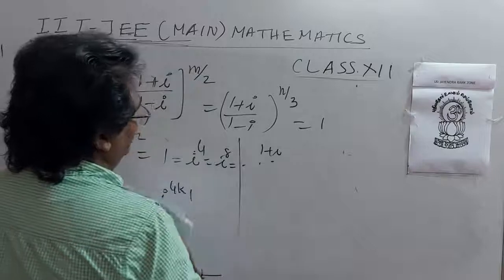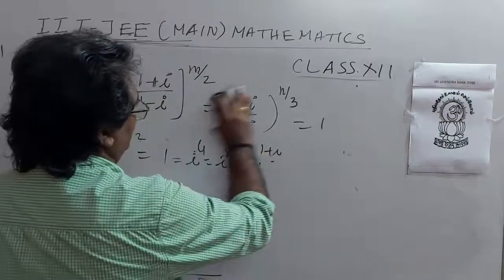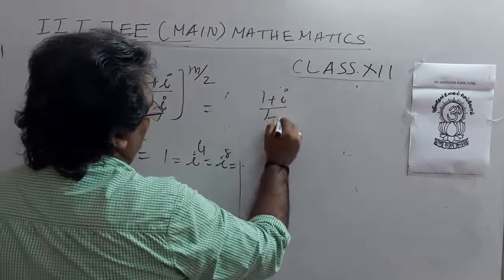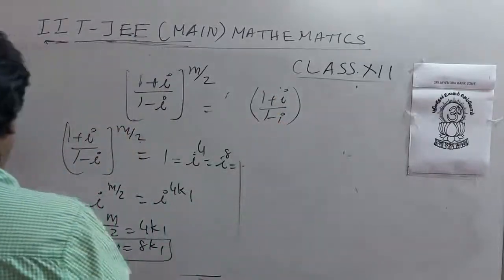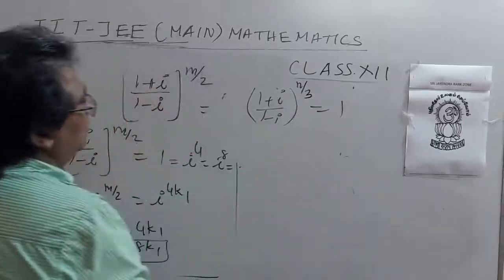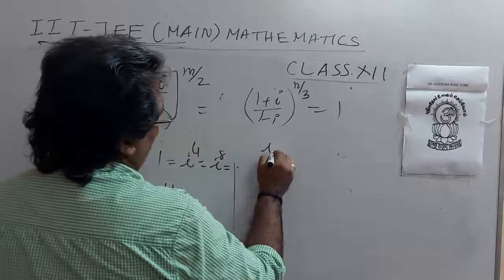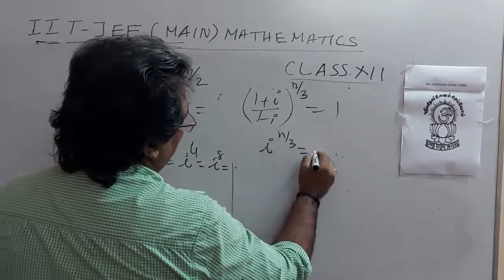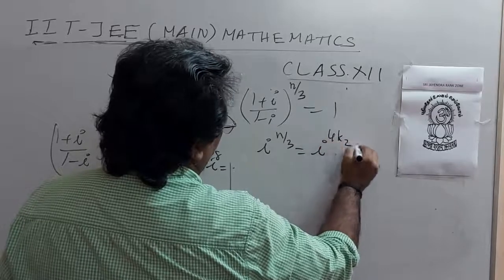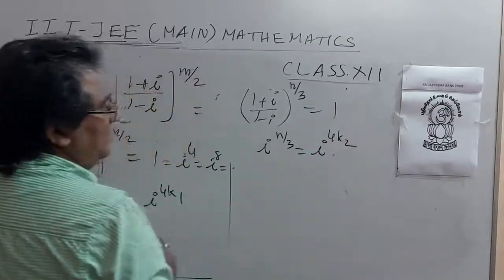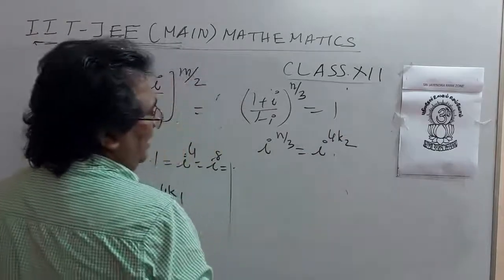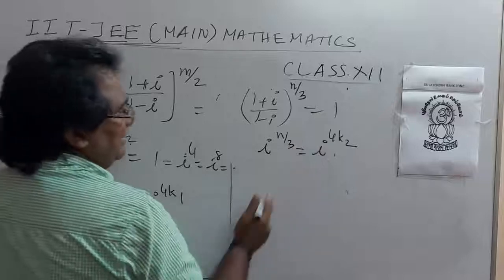One plus i by one minus i whole power n by 3 equal to 1. So i power n by 3 equal to i power multiple of 4; in the power of i, answer will be 1. I take k1, here I take k2.